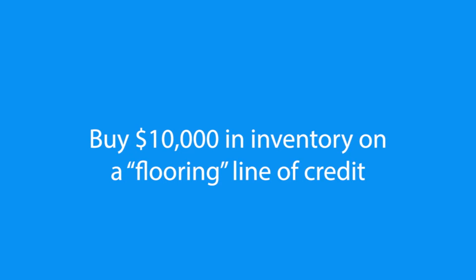Number 3. We bought $10,000 in inventory on a flooring line of credit. Okay, again, think about what did you get? Where did it come from? We bought $10,000 in inventory on a flooring line of credit. We didn't pay for it. Well, we got it. We'll have to pay for it later.